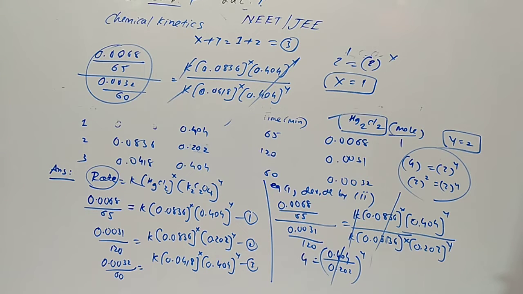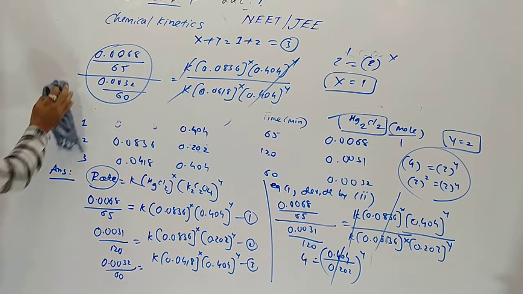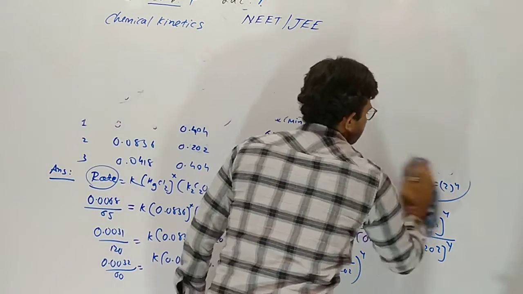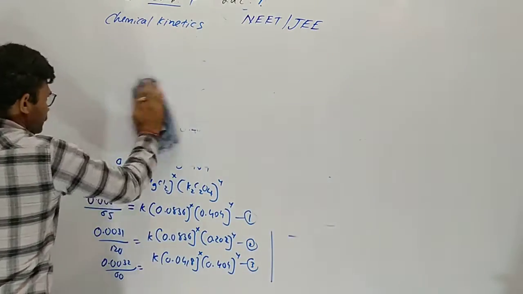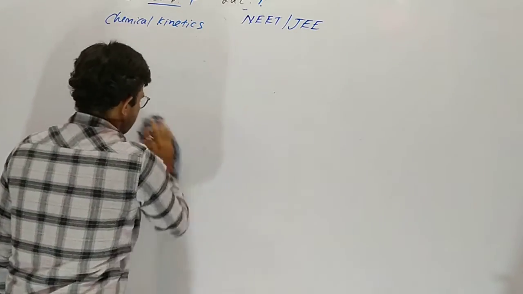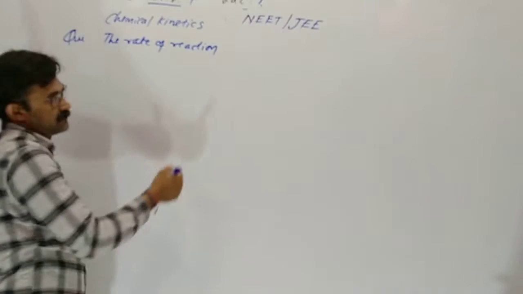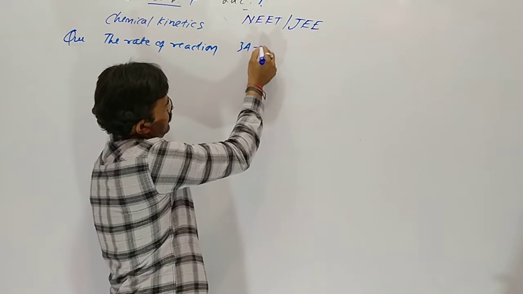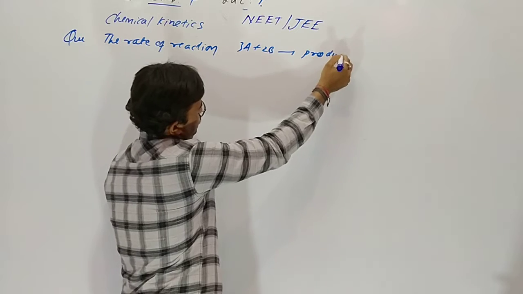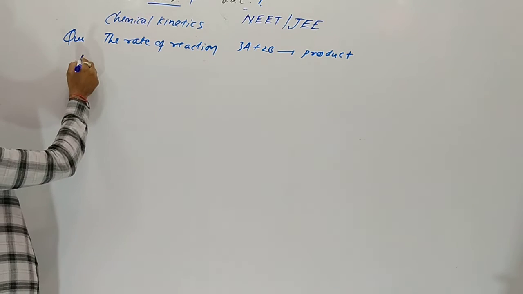Now next question. Rate of reaction (3A plus 2B) gives the product, is given by the rate expression.